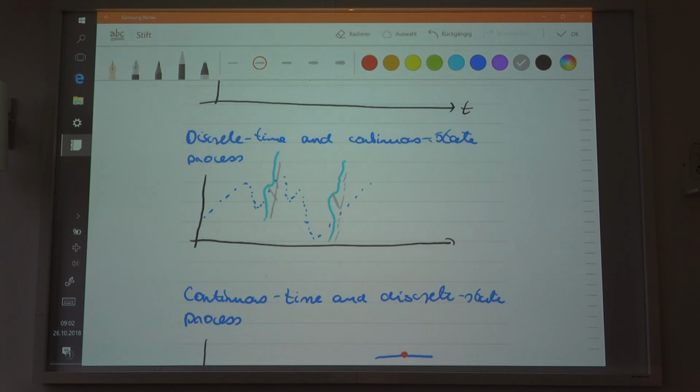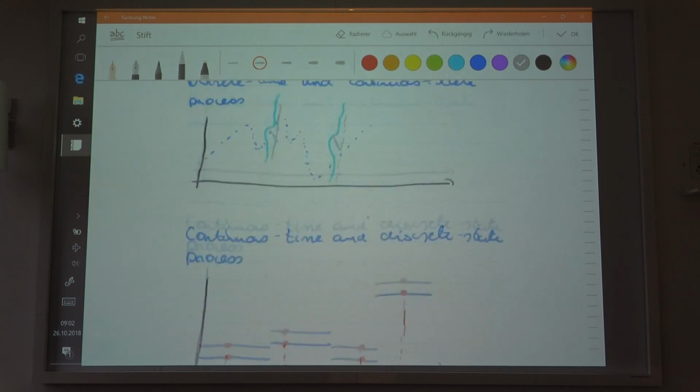If you have the observation just at the end of the day, you don't have anything in the afternoon. So you don't have observations, but still people are connecting these points, whatever the reason might be. So just be aware of that.